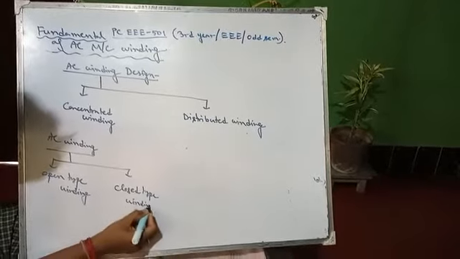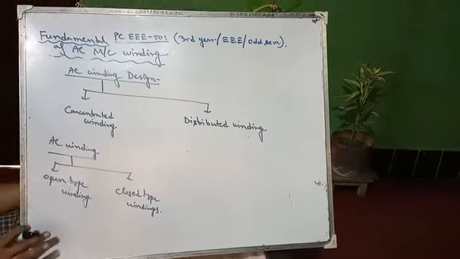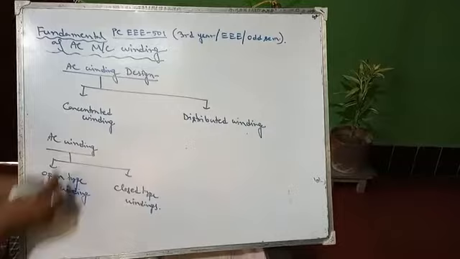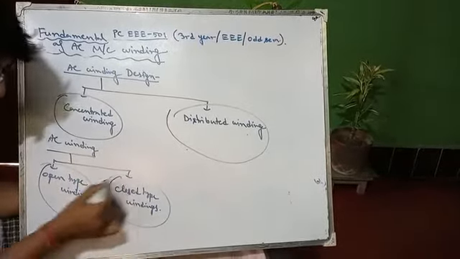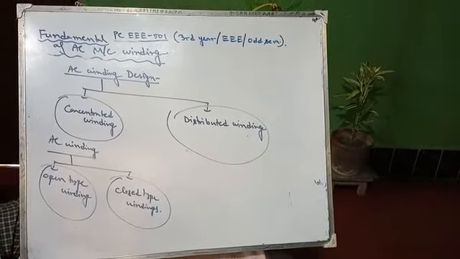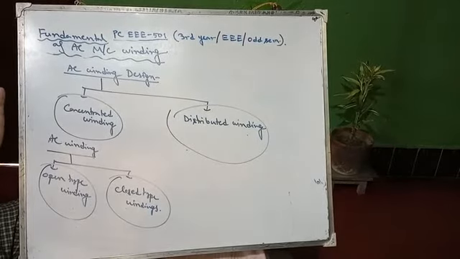Just write the classifications first. Next day I will discuss in detail every classification with some examples. So concentrated, distributed, open type and closed type are four different classifications of windings, and after that we will understand the concept step by step.